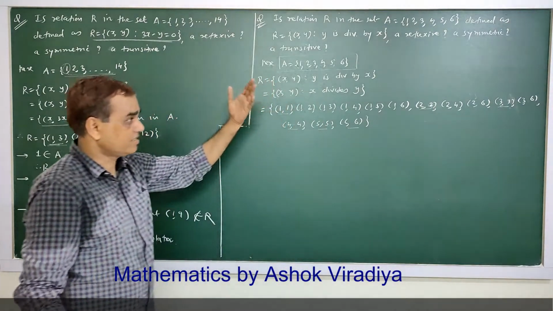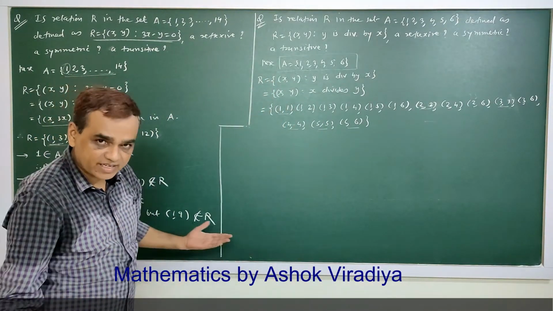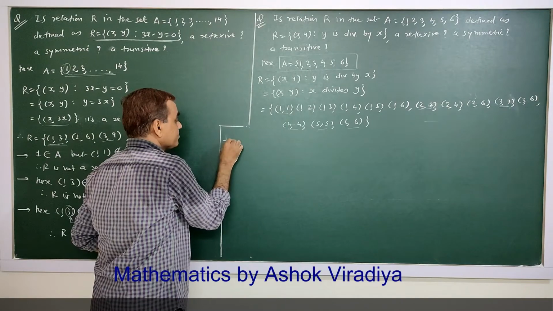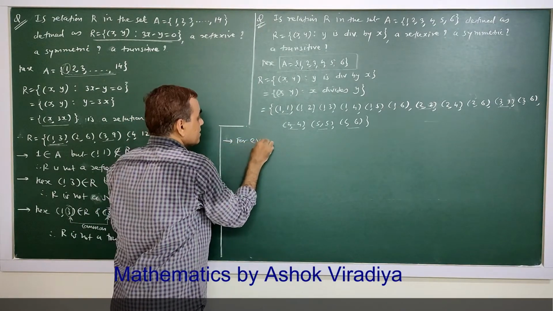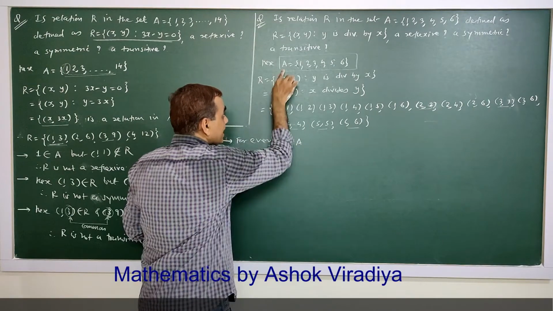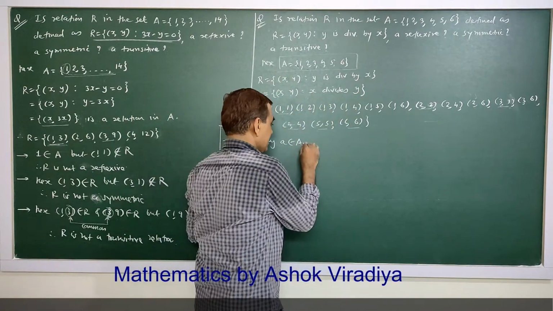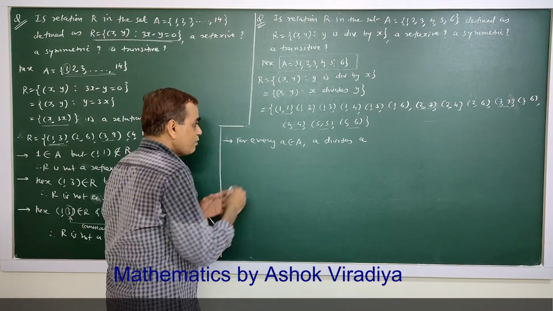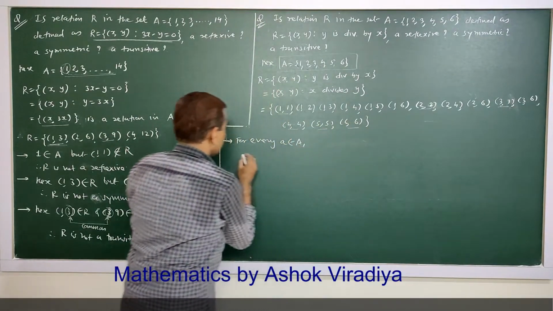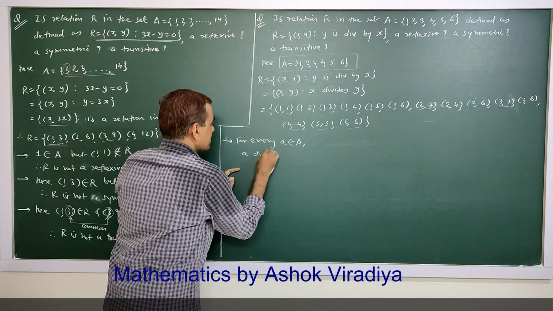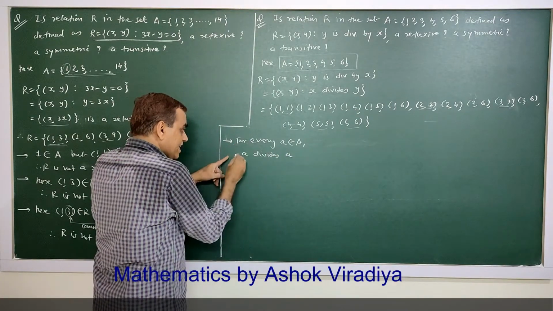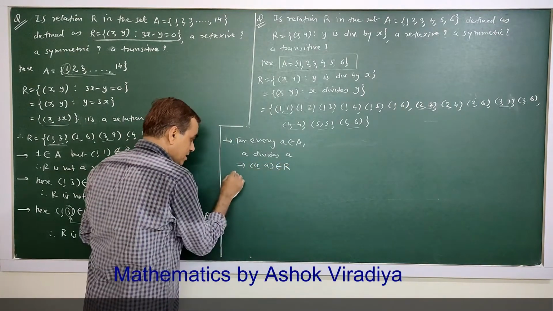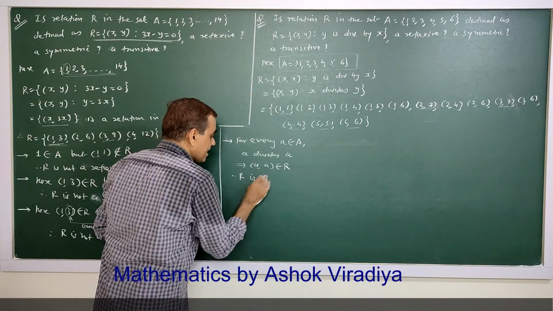The pair of everyone is here, because A divides A. So for every A belonging to A, A divides A. Therefore, A, A belongs to R. So R is reflexive.